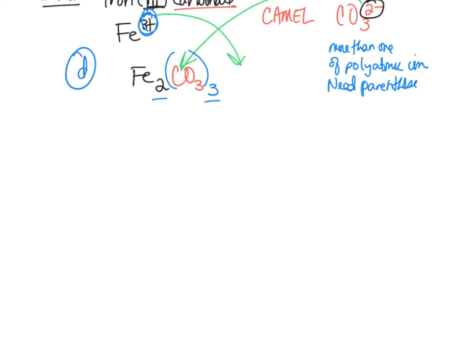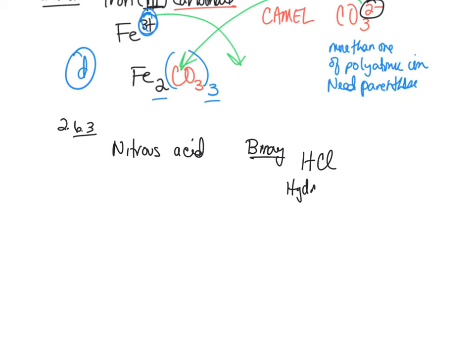All right, so our next problem is 2.63. Which of the following is the correct formula for nitrous acid? Okay, so for the acids, if you have just a binary acid, like HCl, that could be hydrogen chloride. Hydrogen could be considered a nonmetal here.